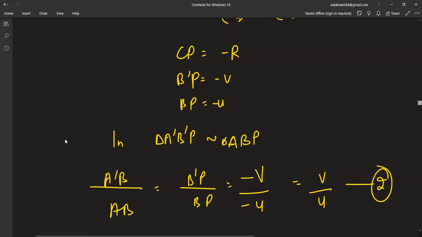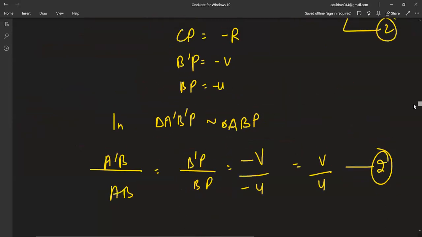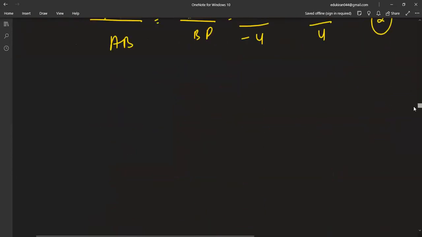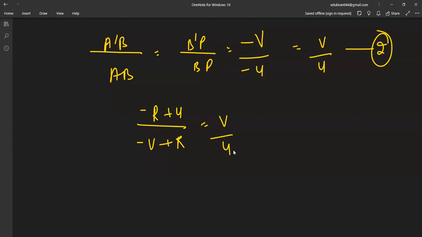The first equation was A dash B by AB equal to the earlier expression. Both of these are ultimately equal to A dash B by AB, so you can equate both. So minus R plus V by minus U plus R is equal to V by U.